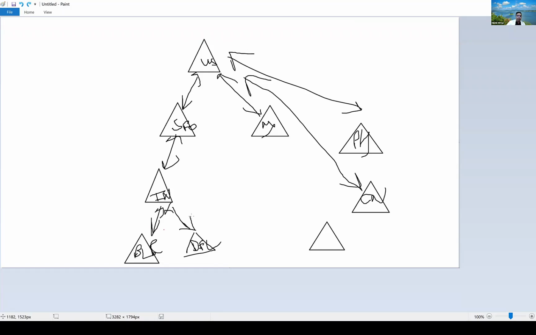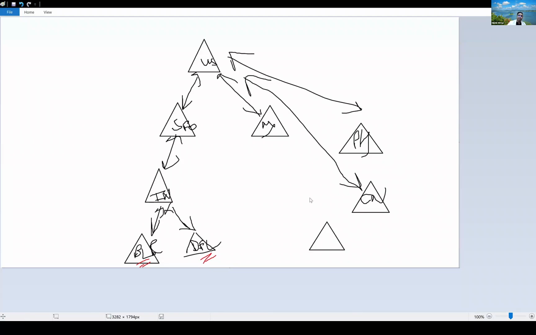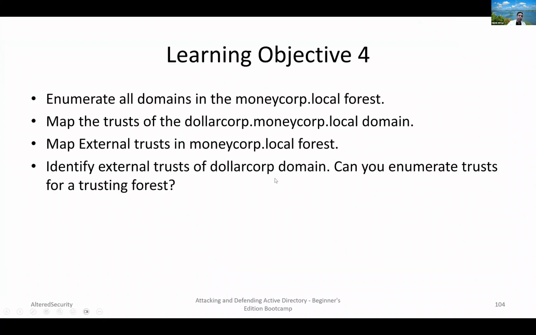Just with this information, you may see that if I target someone in this location or this location, even if one administrator is compromised, then we can probably go for the entire organization with a single command as a normal domain user.